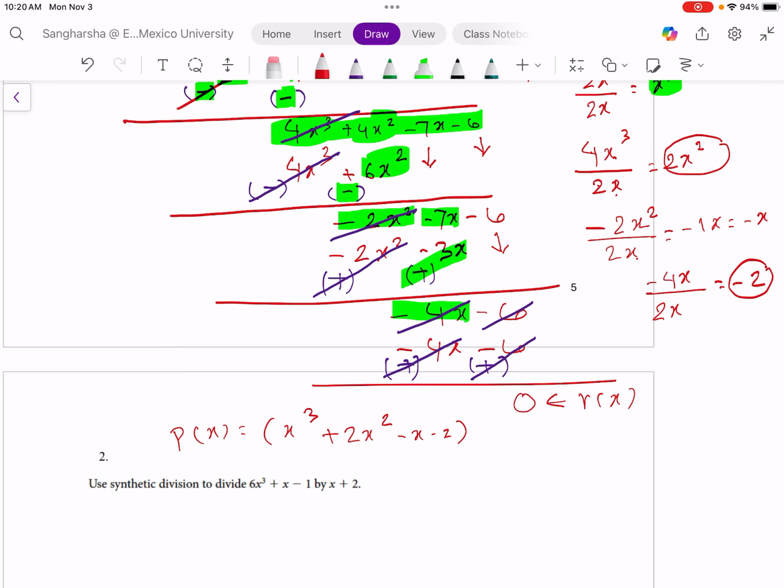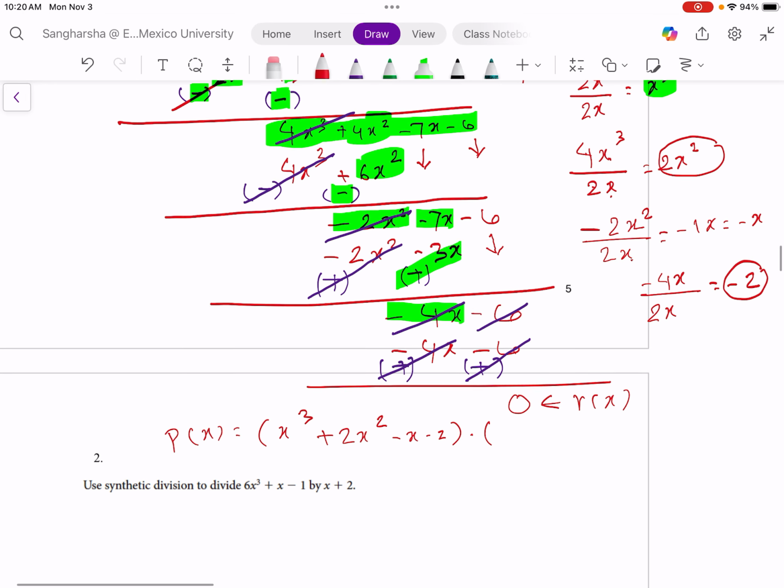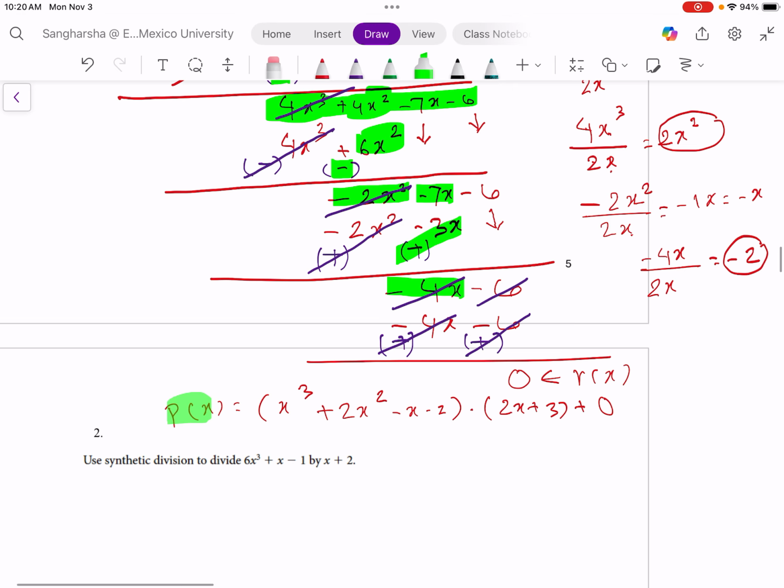So our p of x is this q of x times the divisor 2x plus 3, plus r of x, which is 0. Any question?